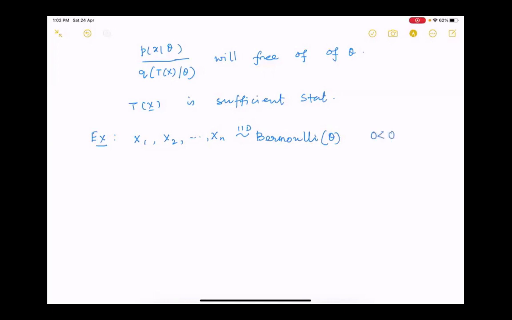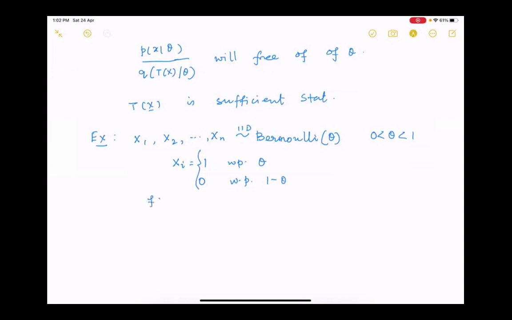So theta lies between 0 and 1. Basically Xi equals 1 with probability theta and 0 with probability 1 minus theta. So this is the definition of Xi.